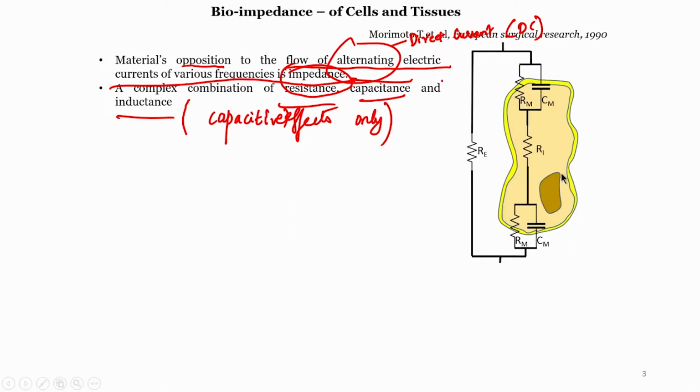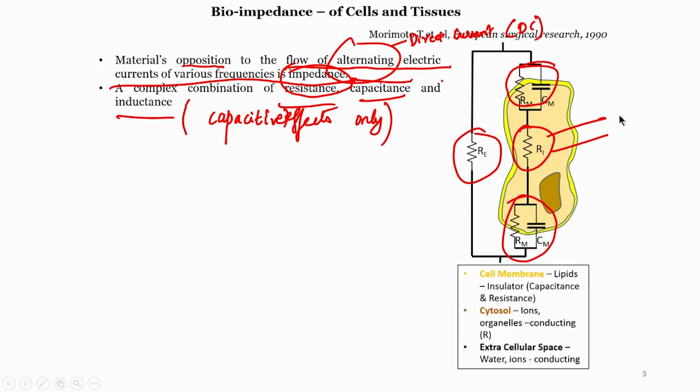Now this is the electrical equivalent circuit model that we saw last time. Basically you have the cell membrane modeled as a combination of capacitor and resistor, the intracellular space modeled as a resistor, and again the membrane modeled as a resistor capacitor combination, and the extracellular space modeled as a resistor. We have seen the justification and explanation for why this model comes to be, you can refer to the last lecture.